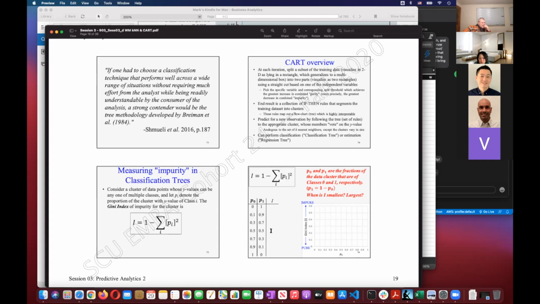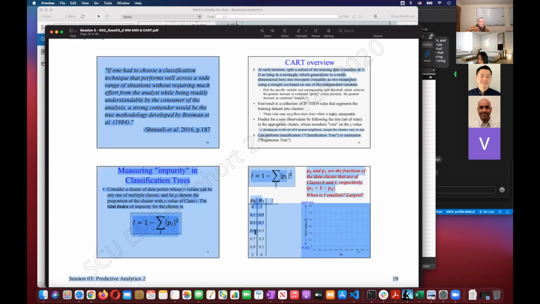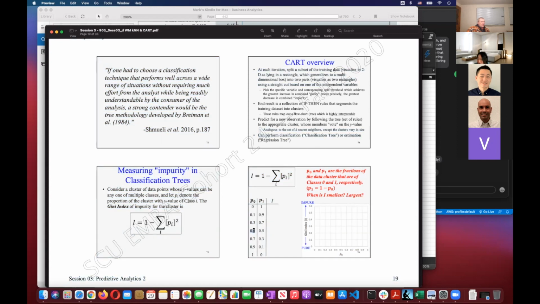Got 0.42 for the second one. You guys also need to subtract the P0 squared as well. Okay, where do you subtract the P0 squared? It's the sum of pi squared. So it's 0.5 squared plus 0.5 squared. So here it's 0 squared plus 1, so 1 minus 1. And this is 0.01 plus 0.081, which is 0.082.